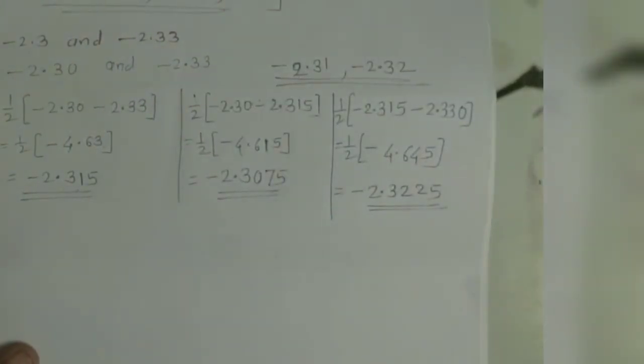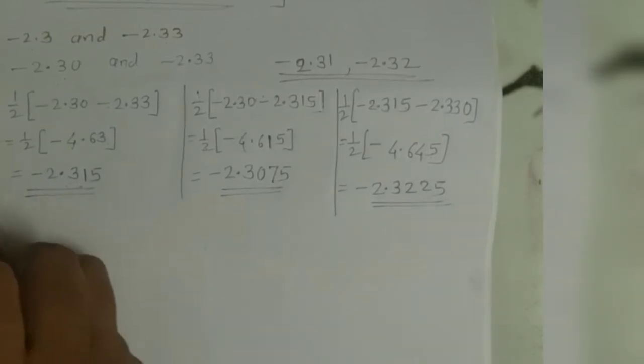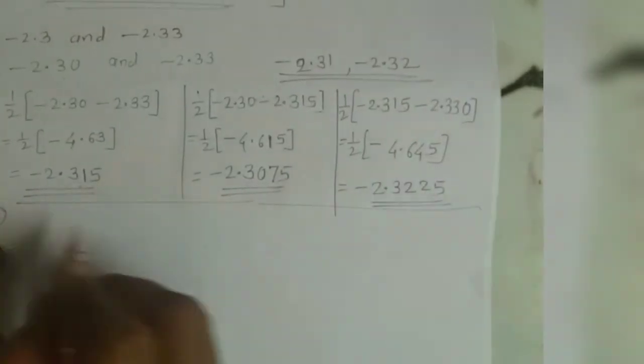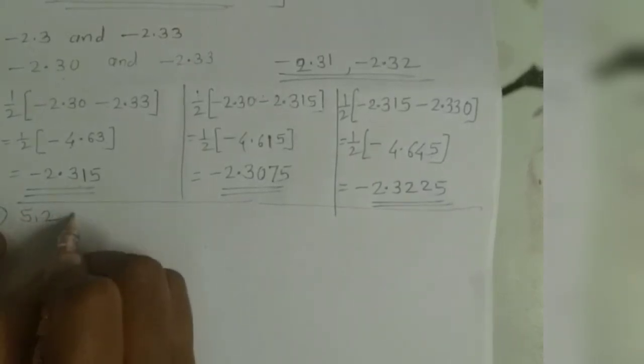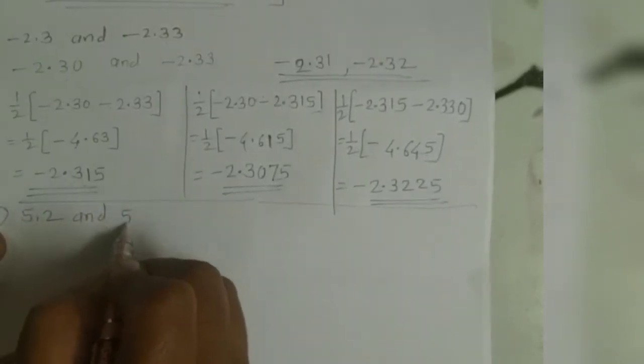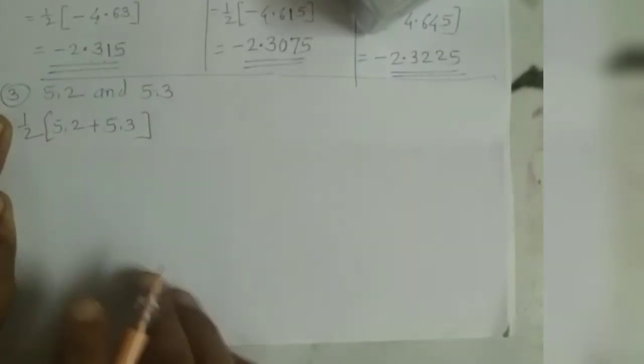Now the third example. The numbers are 5.2 and 5.3. We solve this example by the arithmetic average method like this way. 1/2 in brackets 5.2 plus 5.3.